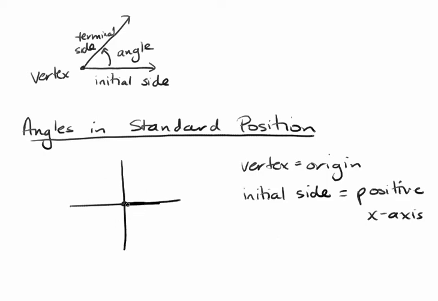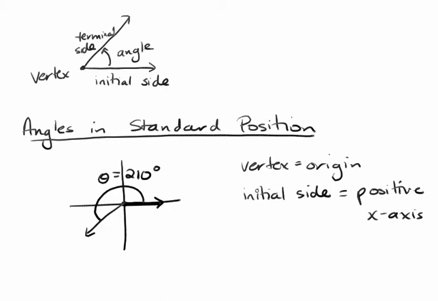So this is always going to be our initial, and then we would draw to some other terminal side such as this. So this is the angle, and we could say it is angle theta, and it is in standard position. So for example, for this one, we've gone 180 and a bit more, so maybe this angle is equal to 210 degrees.